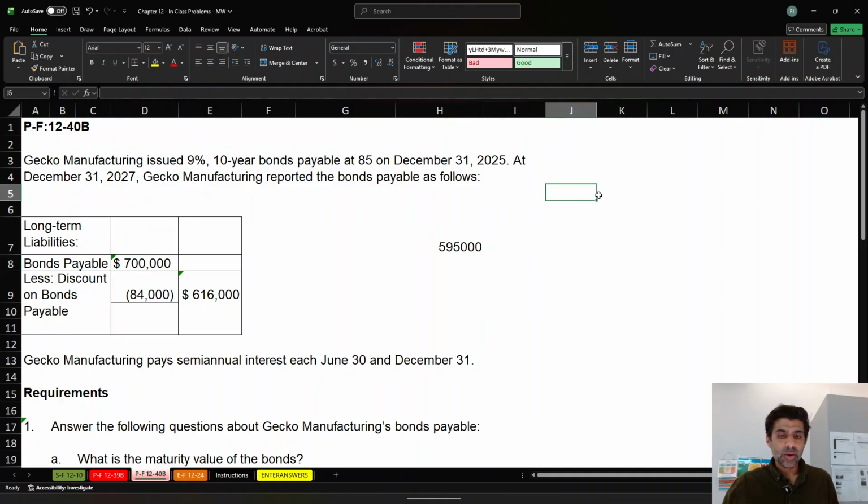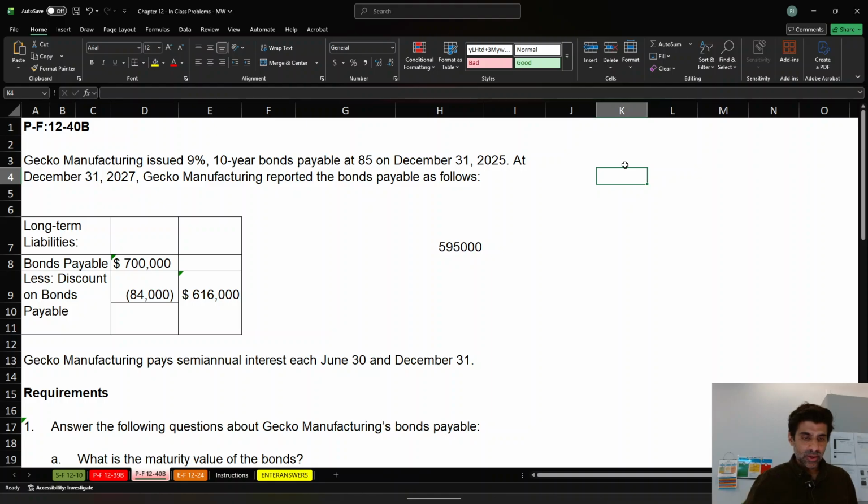Okay, so basically the schedule of payments is, it's a 10-year bond payable, 9% coupon, and it's paying semi-annually on June 30th and December 31st. So basically, we can make the whole schedule.